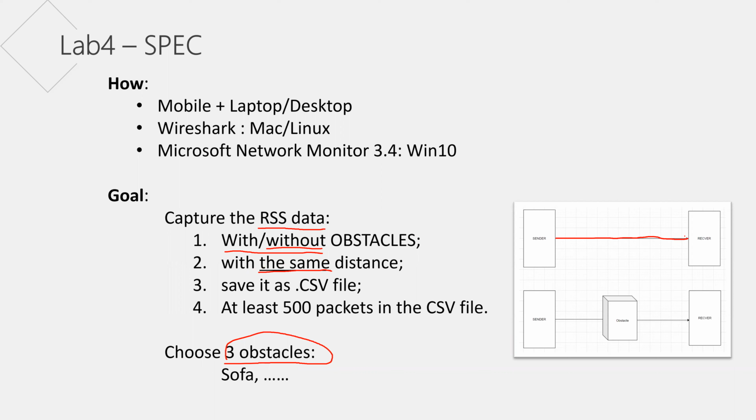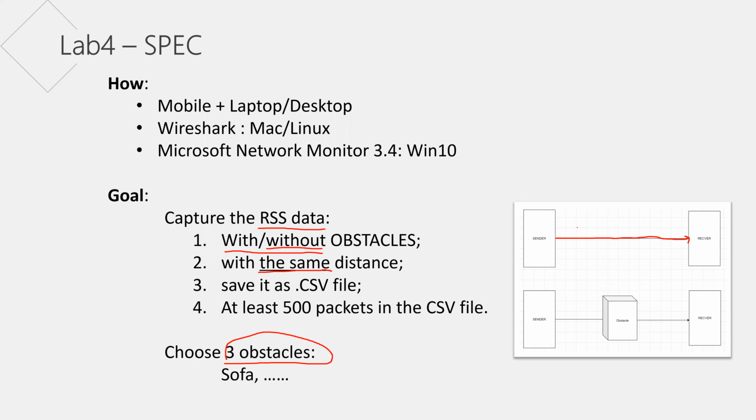And you may ask, what is exactly the distance I need to use? I think maybe 5 or 6 meters, but it depends on you because maybe some students have very small rooms, so they may have only 2 meters to capture the data, which is okay for us.